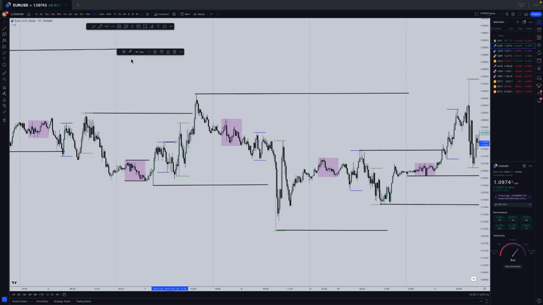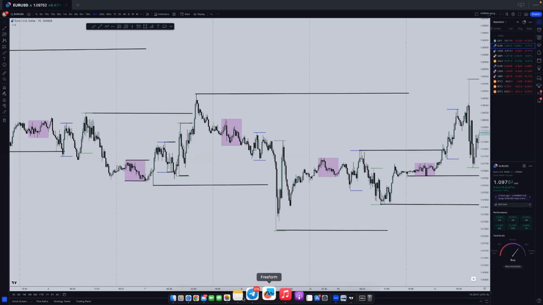Then we have London low right here. Then we have New York high right here. And we have New York low right here. So that's just how to identify session highs and lows. So I don't want us to waste much time on that.